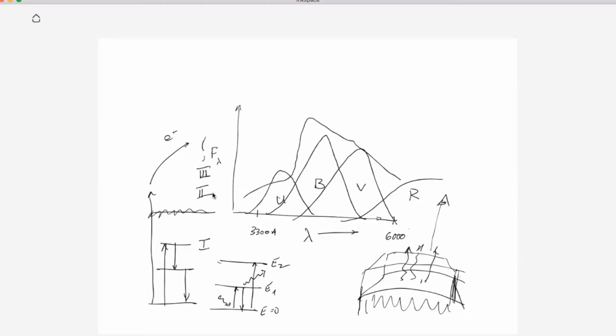But under the assumption that anything you're doing locally is basically the same as everywhere else, the assertion that we can determine the history of our galaxy says, okay, it's probably going to be similar for the history of any galaxy.